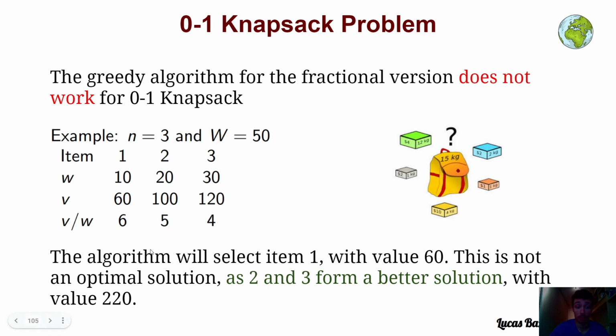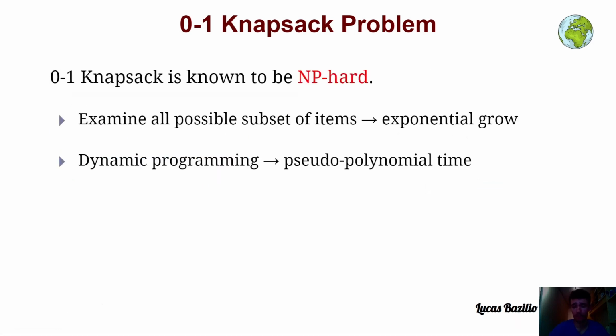As we can see, the approach that we solved for the fractional knapsack problem does not apply to the 0-1 knapsack problem. In fact, this problem in computer science is known to be NP-hard, since the 0-1 knapsack problem involves examining all possible subsets of items, and the time complexity grows exponentially with the number of items.